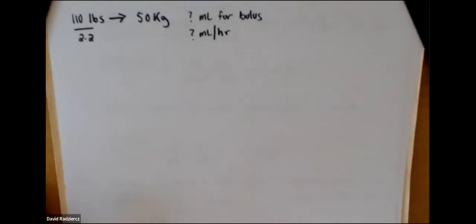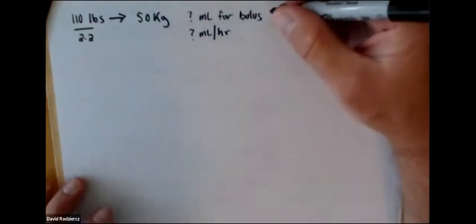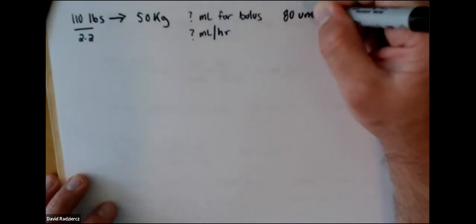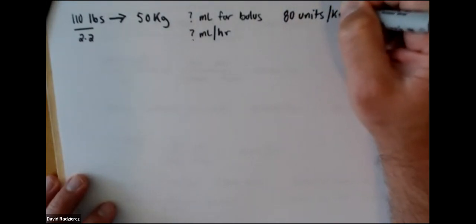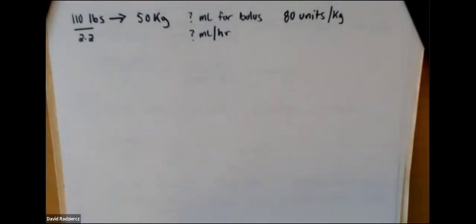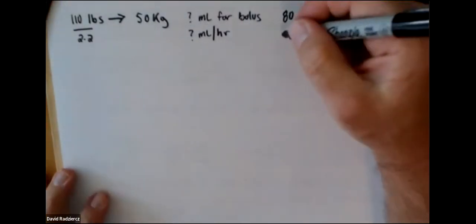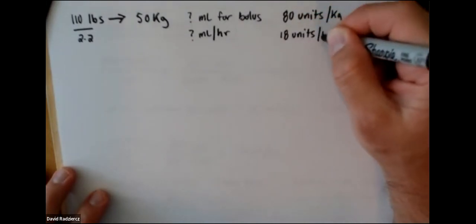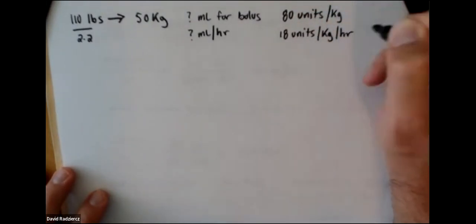The other pieces of information it tells me, you can look at step 10, or you can look at the beginning of the protocol. It tells you to bolus the patient with 80 units per kilogram. That's the bolus. And then it tells me to infuse starting at 18 units per kilogram per hour.